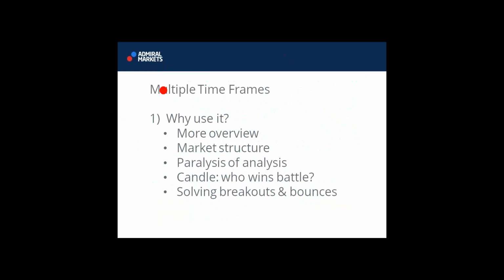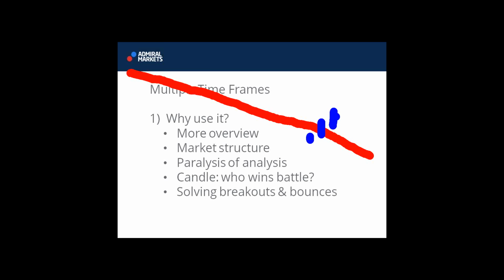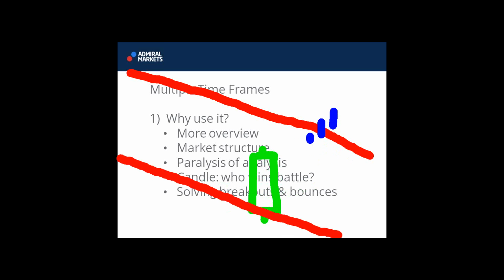If there's a resistance trend line like this, and price on the hourly chart is trying to push through it, is that a successful breakout? It's sometimes difficult to see. If we zoom out to the 4-hour chart and see a candle that looks like this, a pretty good size with no wick at the top and the close near the high, and most of the candle outside of the trend line, it's a good breakout.